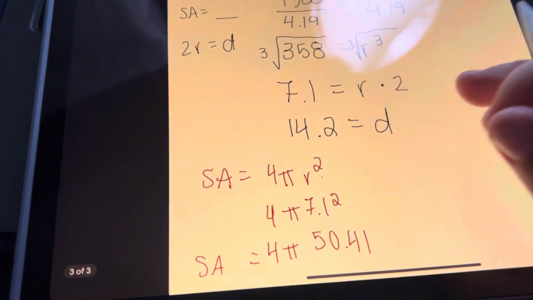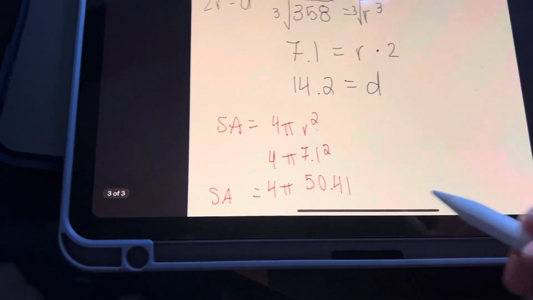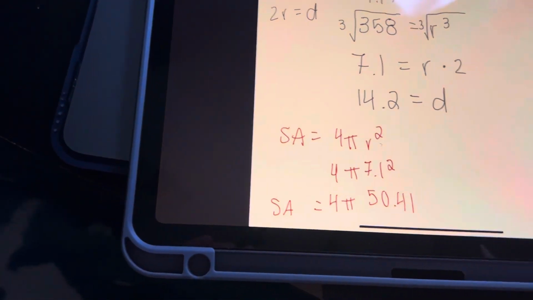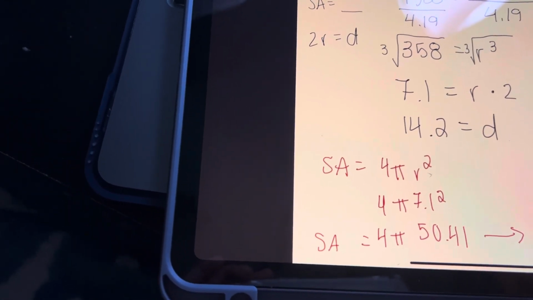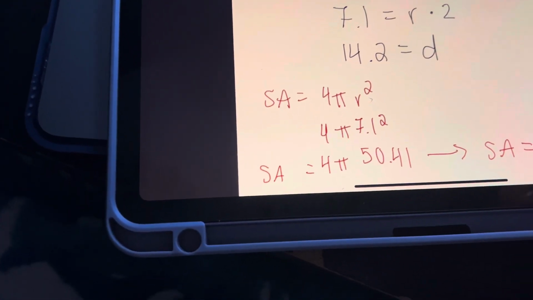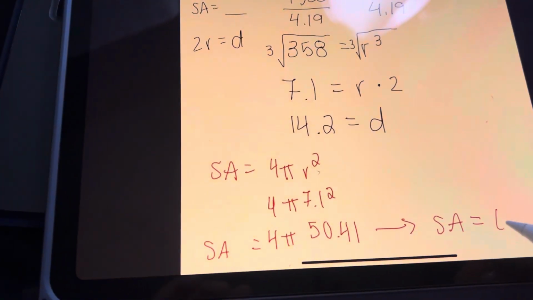So surface area would then equal 633.15.